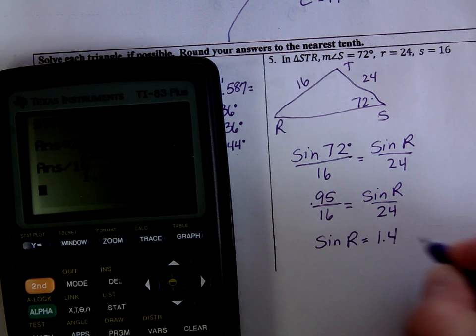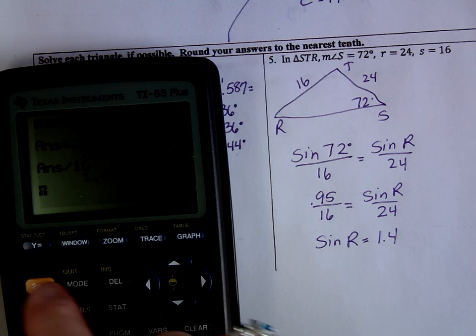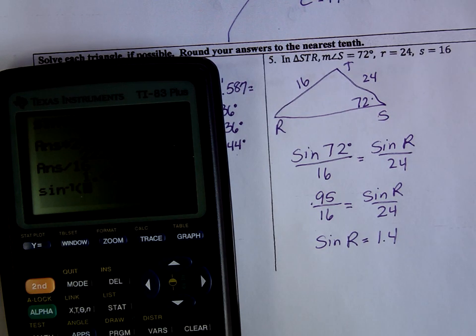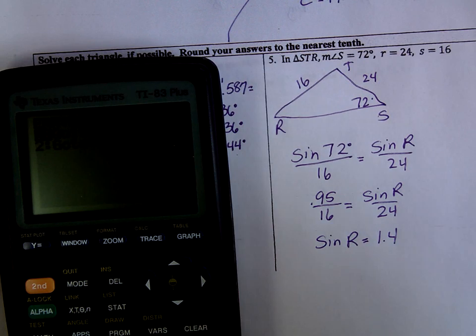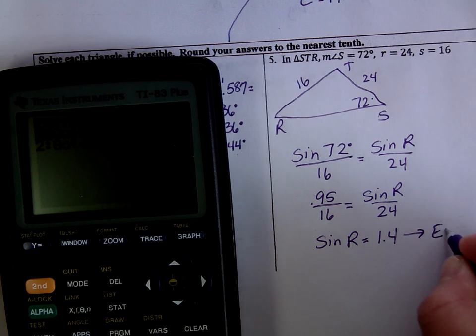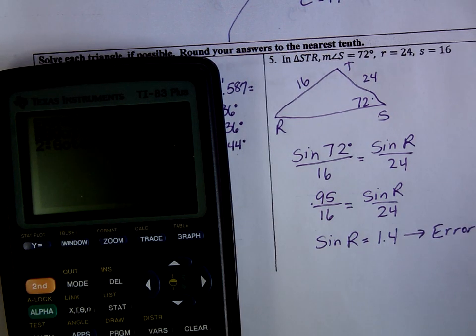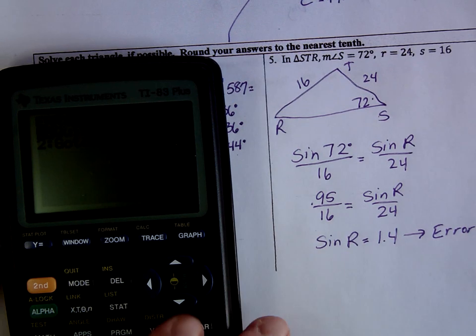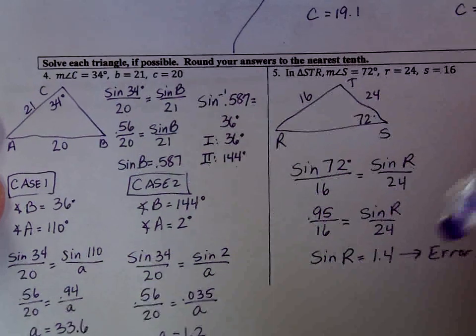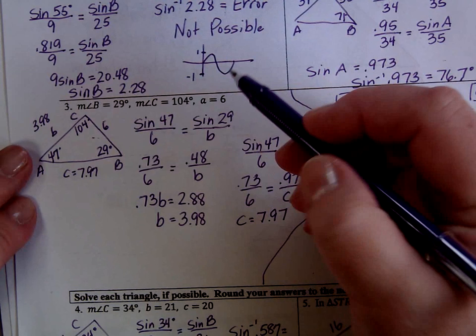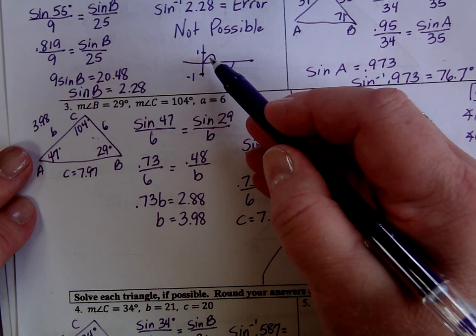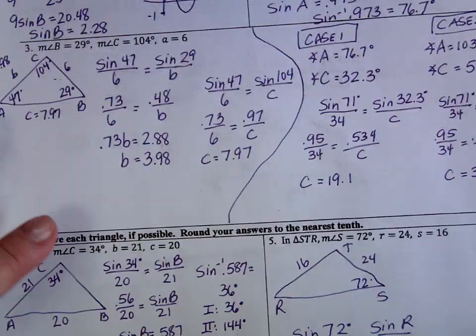And so you go second sine, you want to know what the reference angle is, second sine, 1.4. It says error. And you say to yourself, does that make sense? And the answer is, yeah, actually it does make sense, because remember, the highest that the graph can go to is 1. They want you to go to 1.4. You can't get there. So this is one of those that would be a not possible.